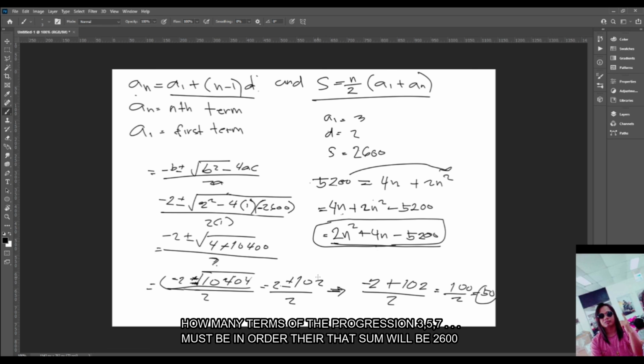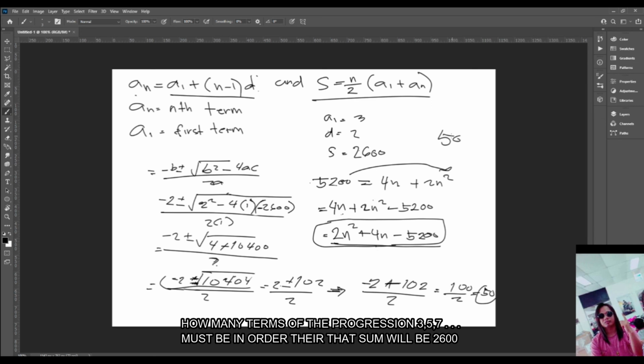Okay, 50, because if you use the negative value here, negative 2 minus 102 over 2, this is going to be negative 104 over 2, so negative 52, guys, which is a wrong value, because n cannot be negative. So we will use 50. Okay, 50.